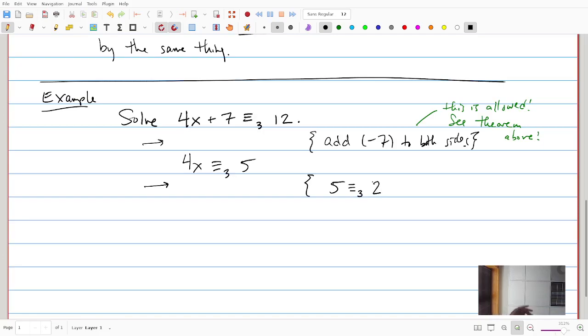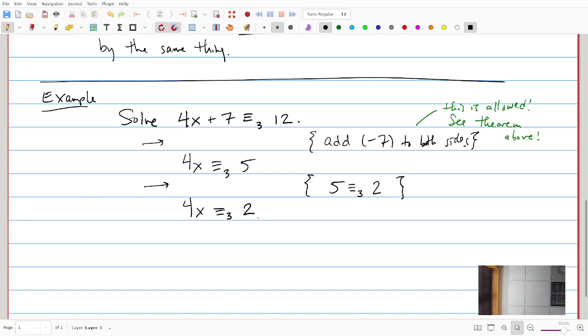If we do 5 mod 3, we get that remainder that's between 0 and 2, right? We get 2. So if 5 is equivalent to 2, and 4x is equivalent to 5, because this equivalence is transitive, I can reduce the right-hand side and say that 4x is equivalent to 2.